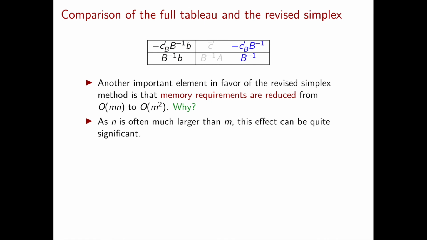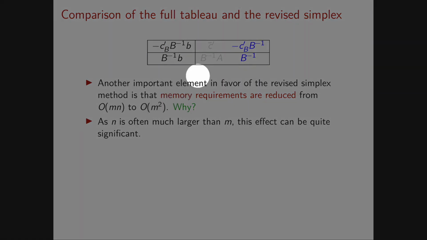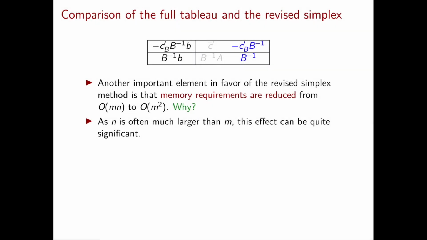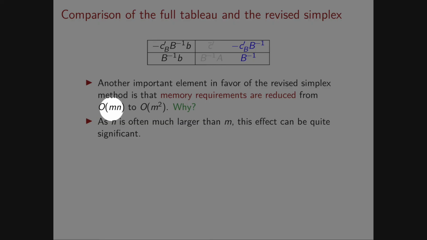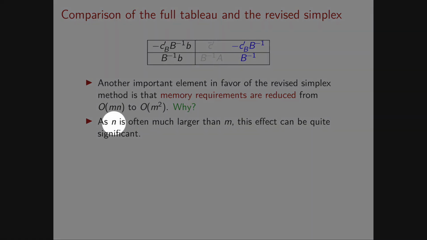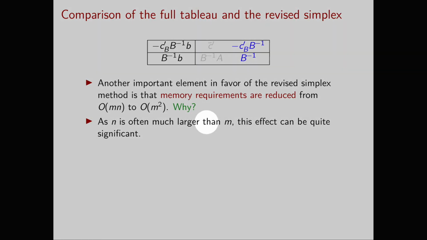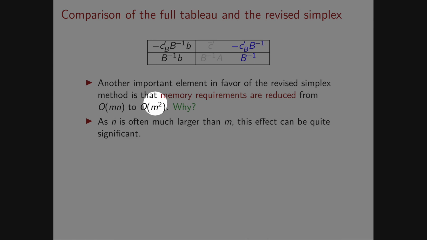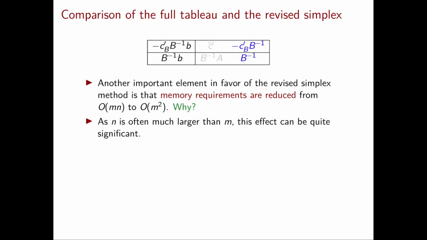So essentially, this decrease of memory requirements comes from the fact that we don't explicitly construct B inverse A. And notice that, regarding memory requirements, this difference from the full tableau to the revised simplex doesn't happen only in the best case, but happens in any case. I should mention at this point that in real-world problems n is often much larger than m, so the difference between big O of mn and big O of m square is often significant.